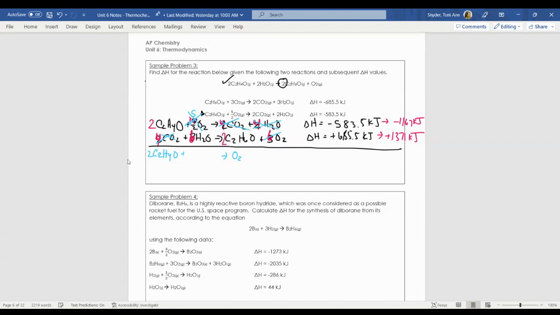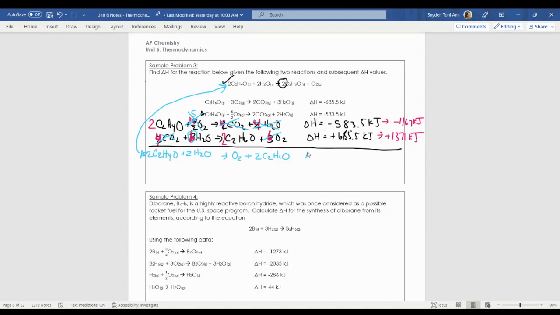These ones will cancel out entirely, but I'm going to have 2 water molecules left. So that kind of cancels everything out for us. So then I have my O2 on my products, which we already established was left over, and I have my 2 C2H6O. This equation matches this one up here.